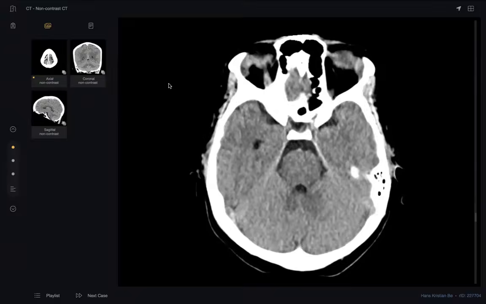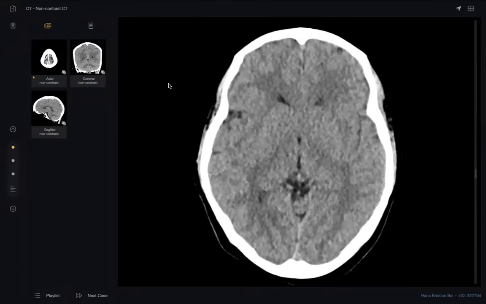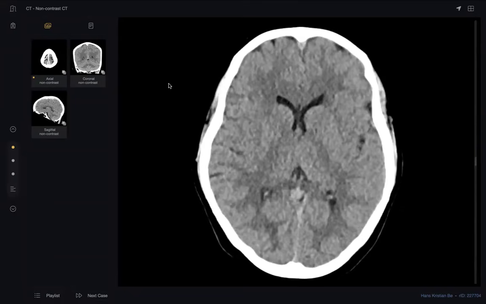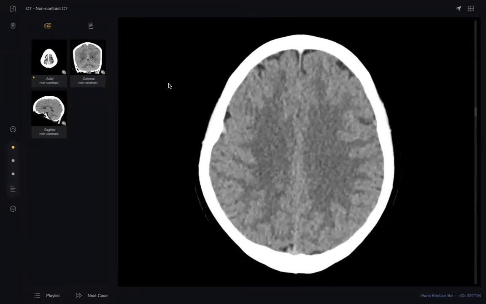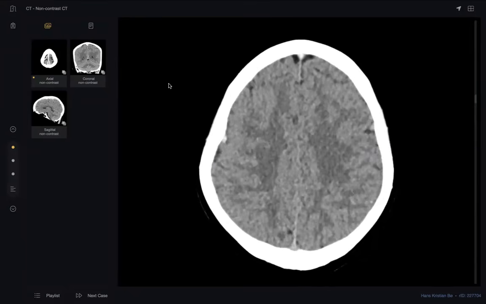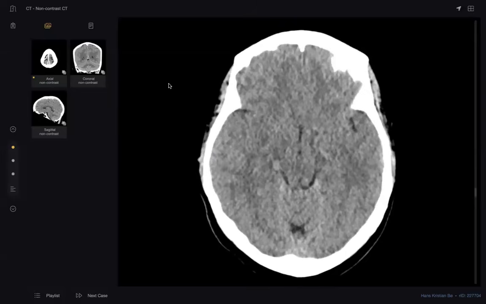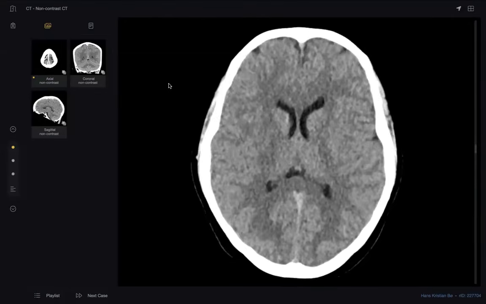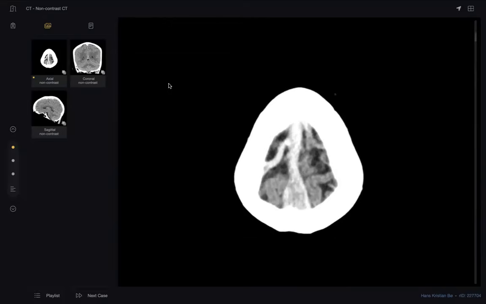I cannot see any hyperdensity within both sinuses. There is also no brain herniation, no hydrocephalus, and no hematoma. Appearances are mostly those of cortical vein thrombosis without any hemorrhage or other complication.